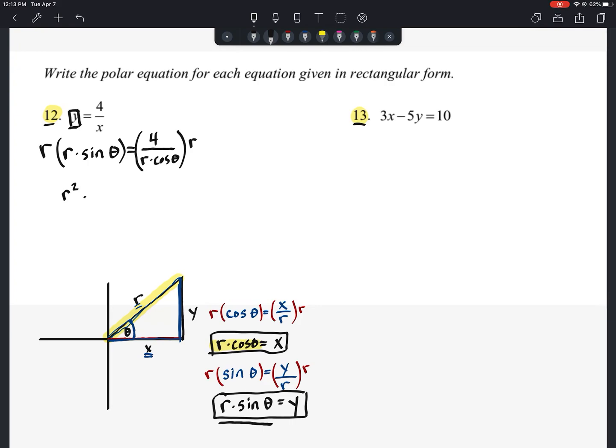So we've got r squared times the sine of theta equals 4 over, and remember this r and this r would cancel out, so it's just 4 over the cosine of theta. To get rid of our sine of theta, let's multiply by 1 over the sine. It's like we're dividing both sides by sine, right?